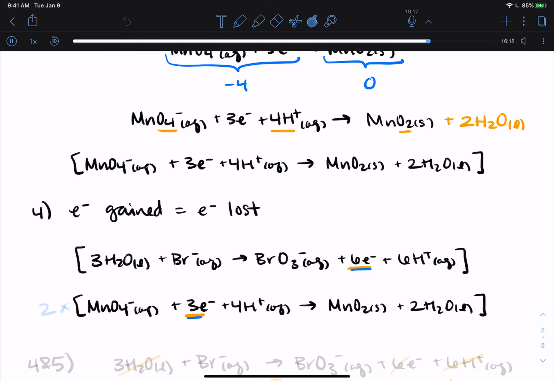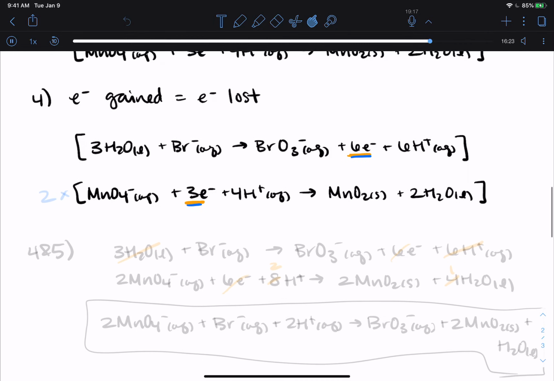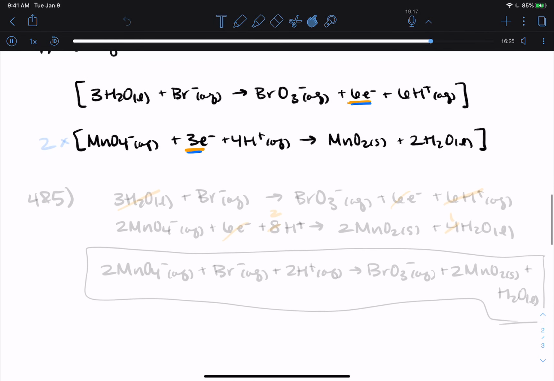So in most cases, it will be relatively straightforward to pick a multiplication number to get these to be equal. If you go too high, you'll still have to reduce the reaction down, so we'll try not to do that.